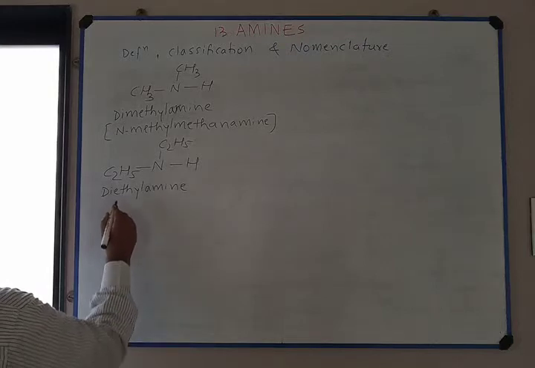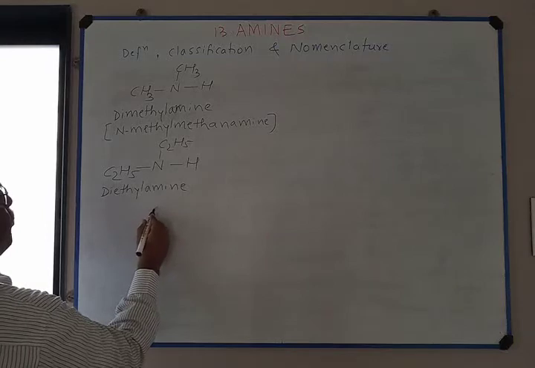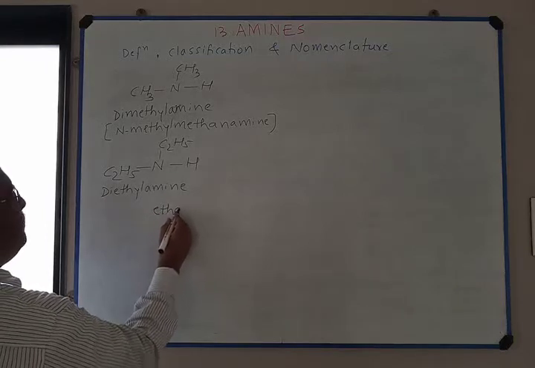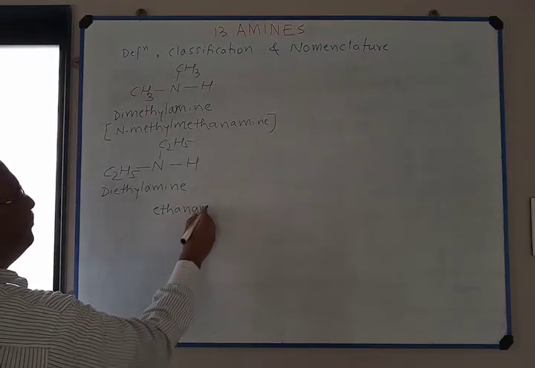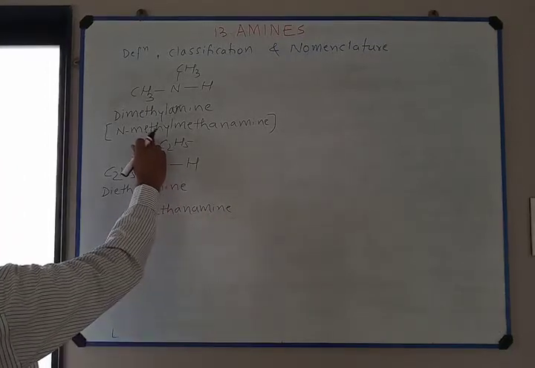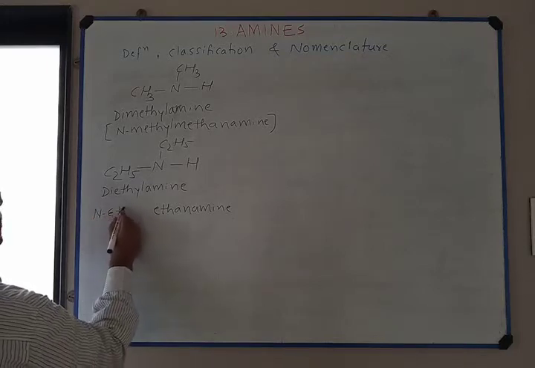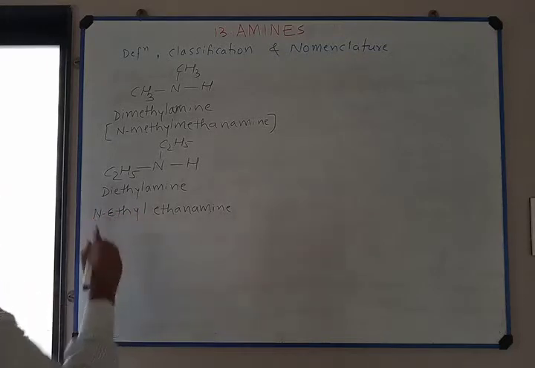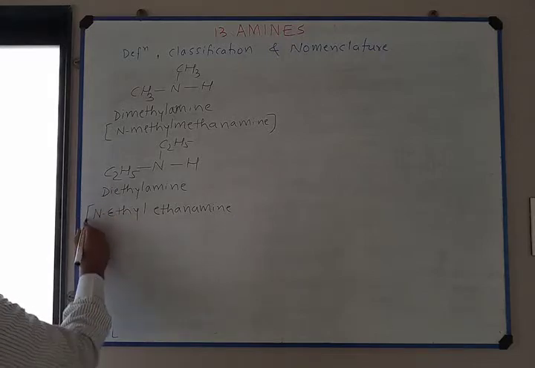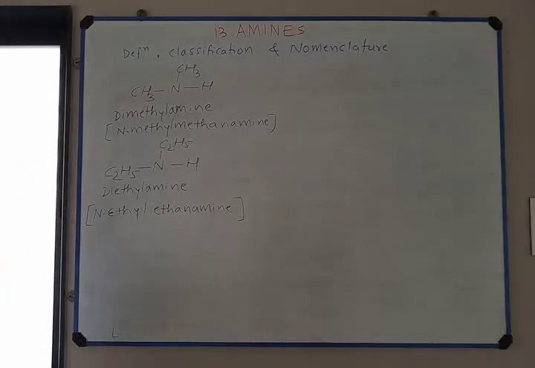IUPAC name, it is a derivative of ethane. Therefore, ethanamine is the base name. To this nitrogen, ethyl group is attached. Therefore, it is called N-ethylethanamine. This is the IUPAC name of the compound.